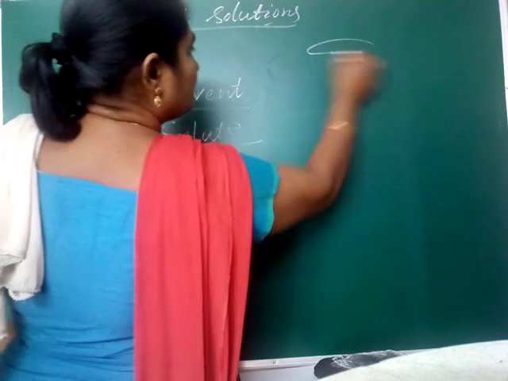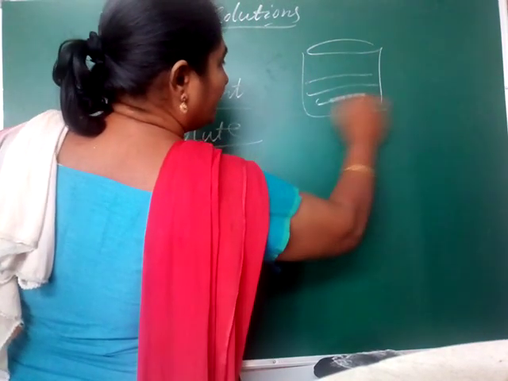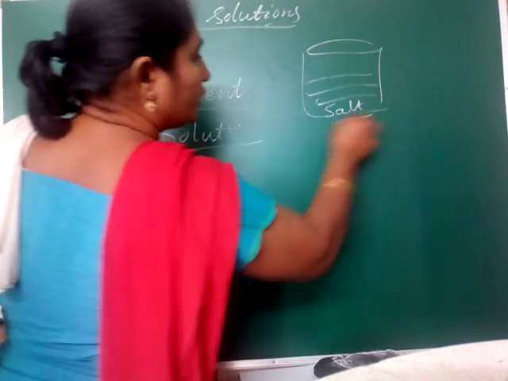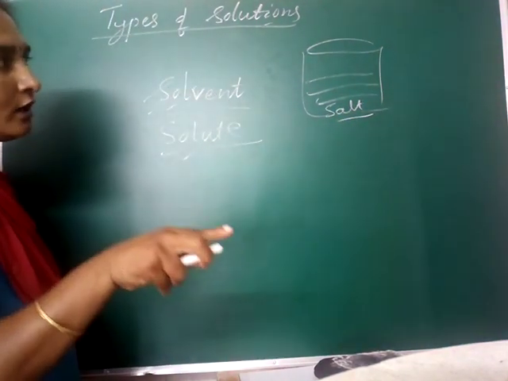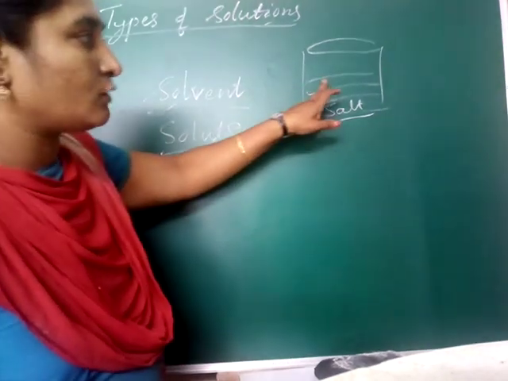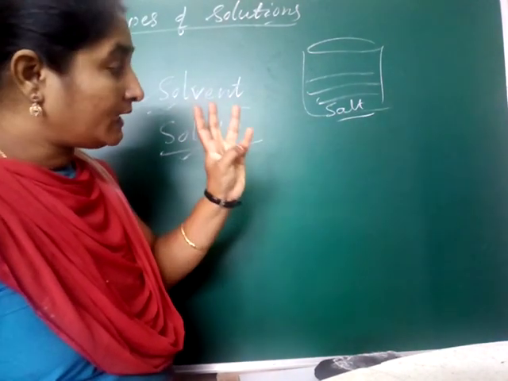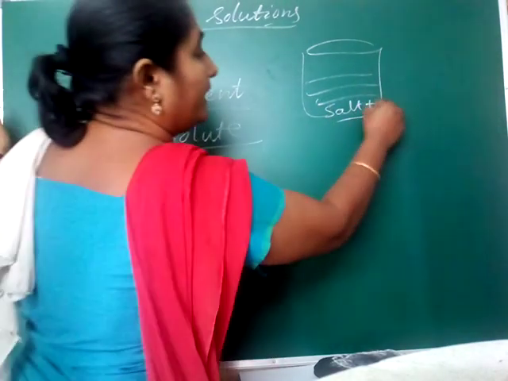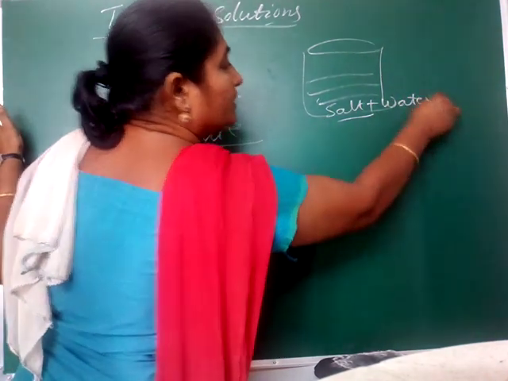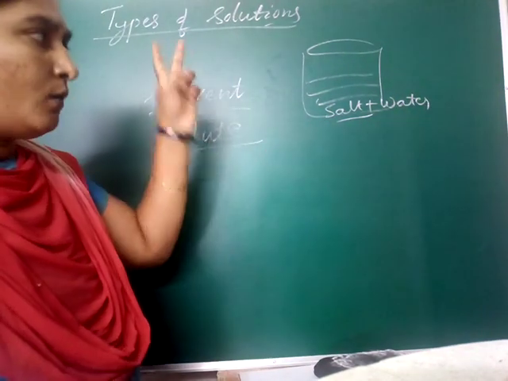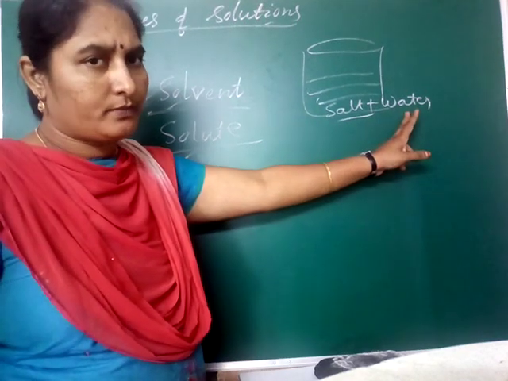Here, suppose you are taking water and adding some salt to it. How many components are present in this homogeneous mixture? Two components. What are those? Water and salt. This is a mixture of two components only. One is the salt, another is the water.